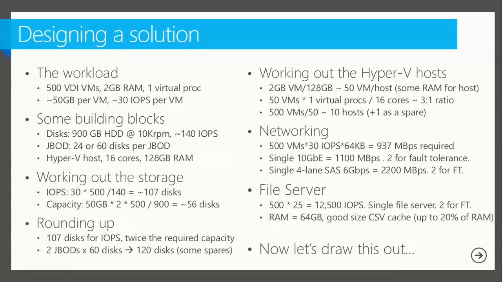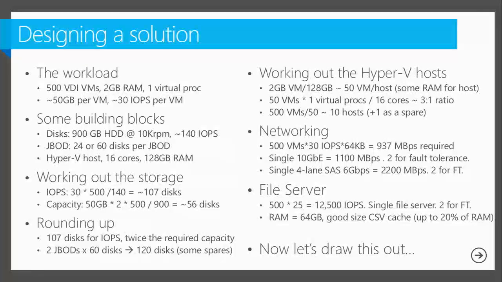That should be 50. Anyway, a single file server will be able to keep up just fine, right? There's no big stress there. It says 25, it should say 30 IOPS. But anyway, I've seen a single file server with a Romley 2-socket machine do a few hundred IOPS. So you should be fine.